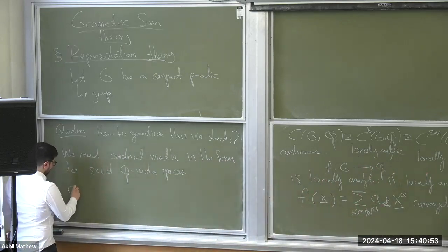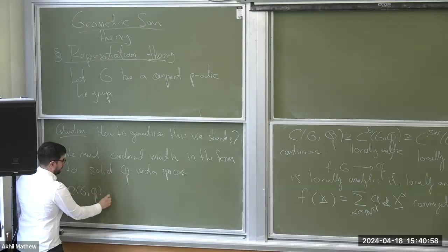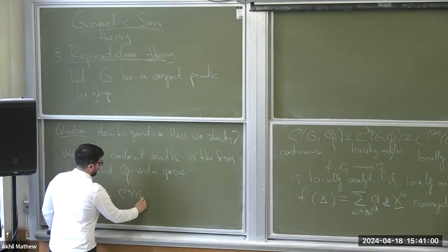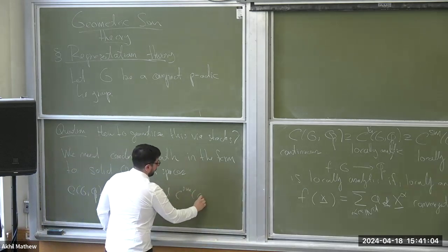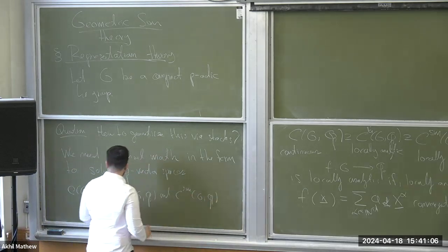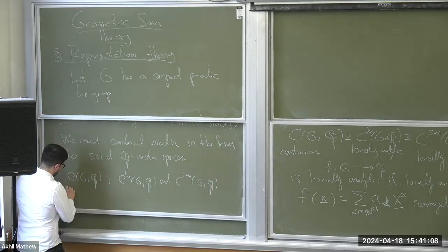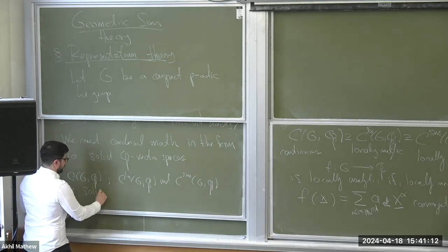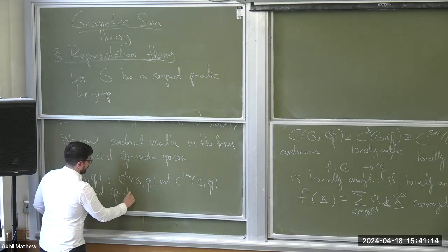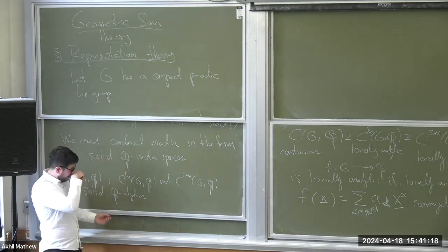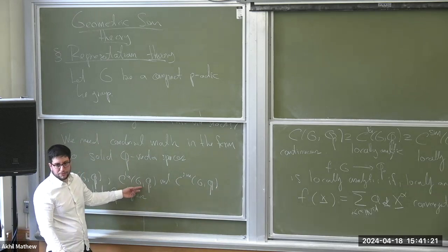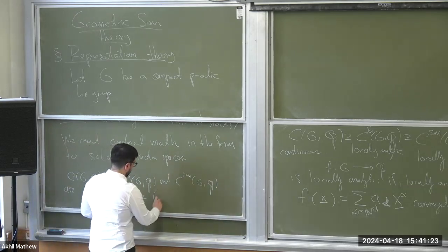So, continuous functions, the Q_p algebras. Even better than not just the Q_p algebras, but because of the commutativity of the group, they are even Hopf algebras.